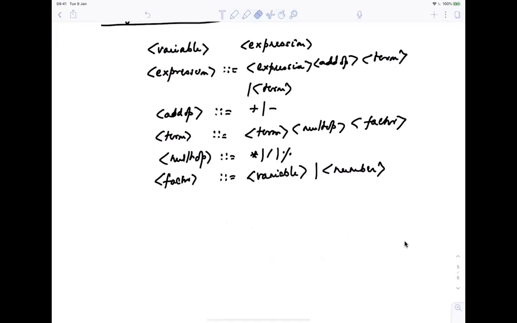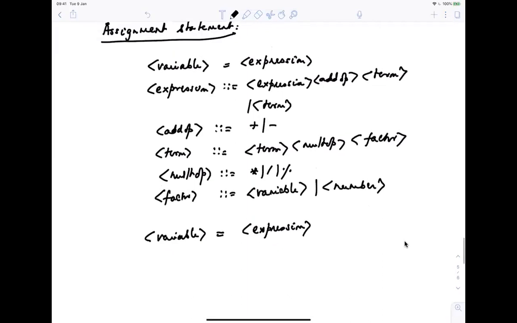Variable equals expression. So what we are saying is a variable is defined in the program and that is equal to an expression. An expression is a sum of terms, and a term is actually a product of factors. And the factors can be numbers or even another variable.